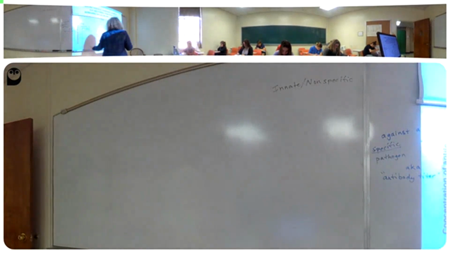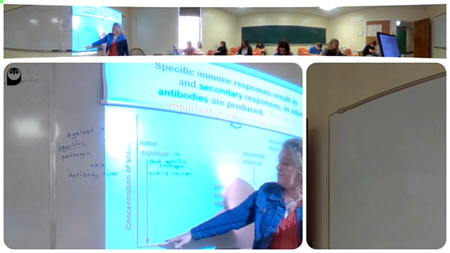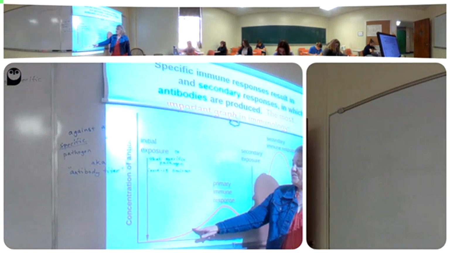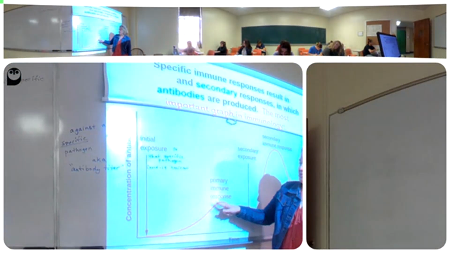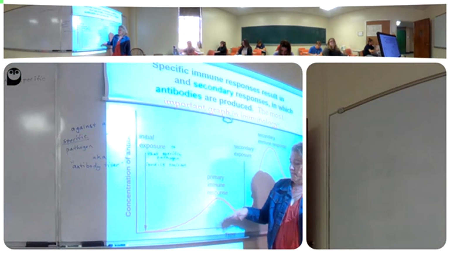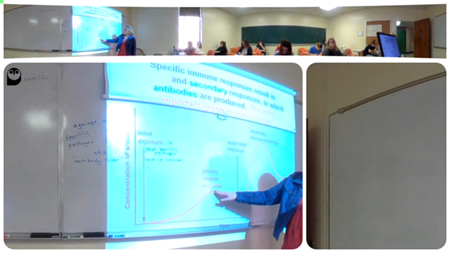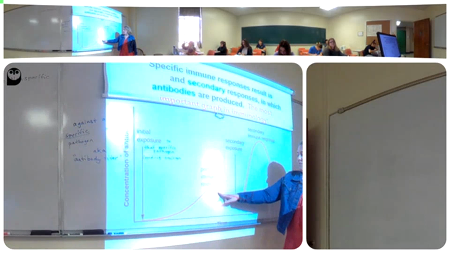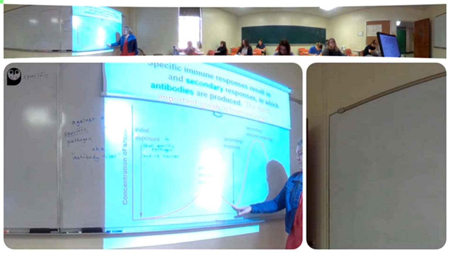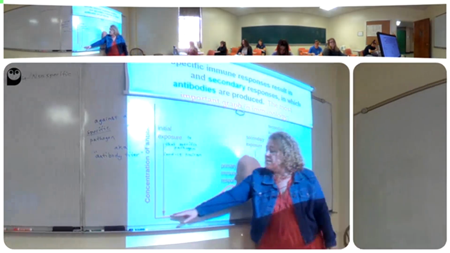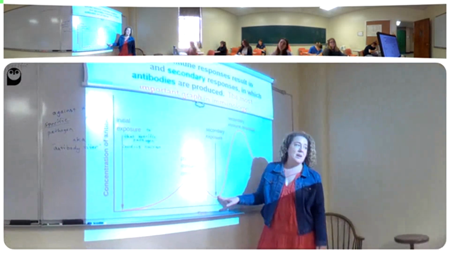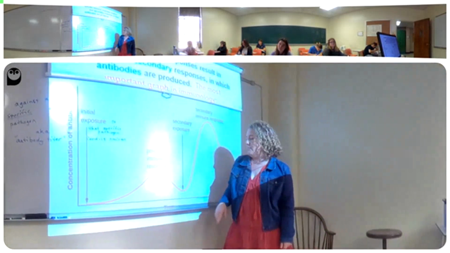From the point that you're exposed, after a while you start to create antibodies, and those levels rise, kind of slowly. Then those antibodies will persist for a while, and then they'll decline again. This first response is called the primary response.